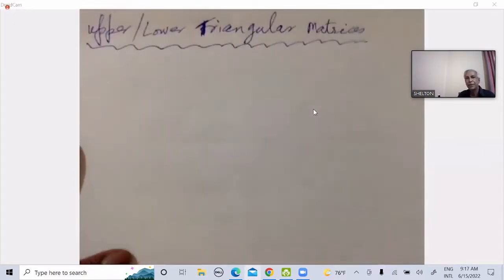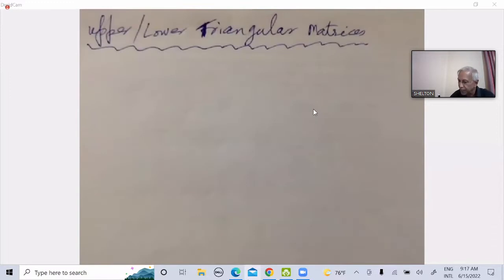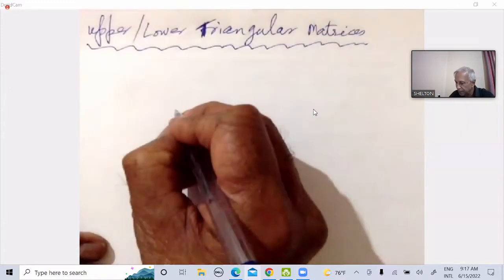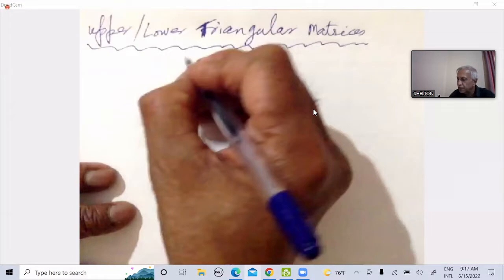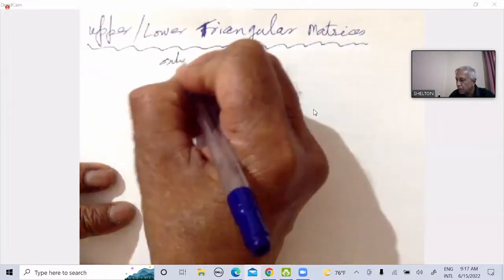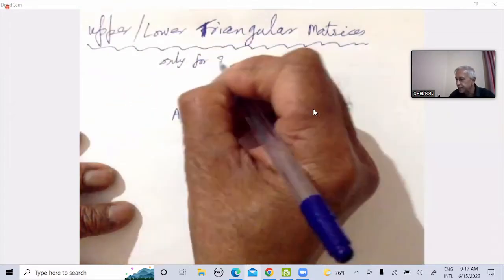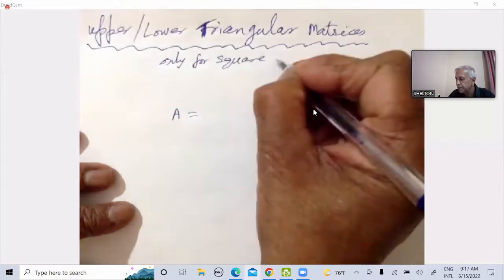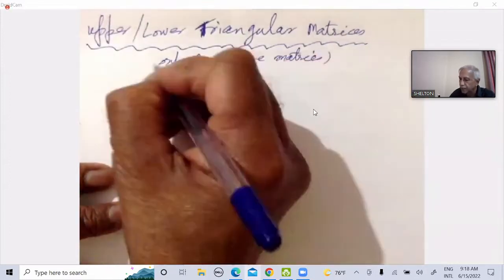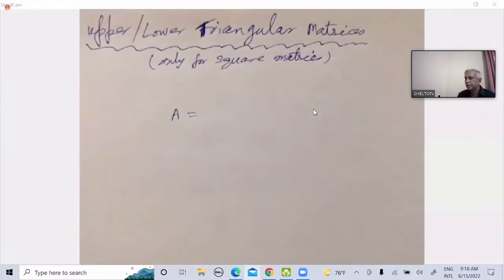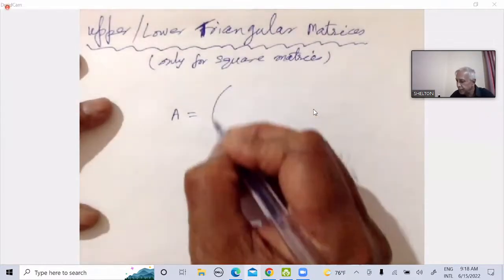Upper triangular matrices, lower triangular matrices. Let us take A again. This is only for square sizes. Only for square matrices.